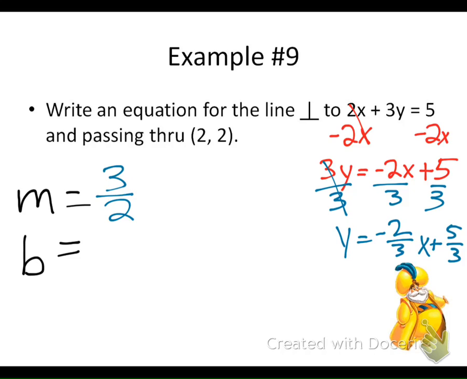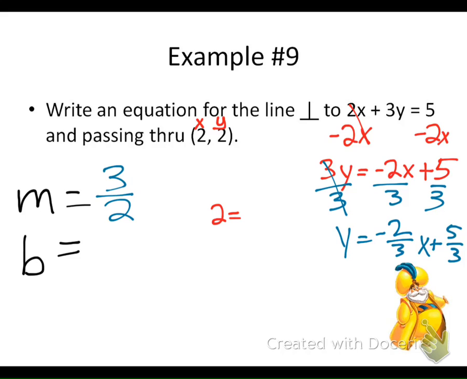Very good. A lot of people screw the perpendicular ones up because they say, oh, well, this is m. This is m of the line that's perpendicular to our line. So don't think it's going to be the same m. This is technically an m, but not the m that we want. So flip it, change the sign. Do I know b? Nope, but I can get it pretty easily because I have an x and a y. They're both 2.